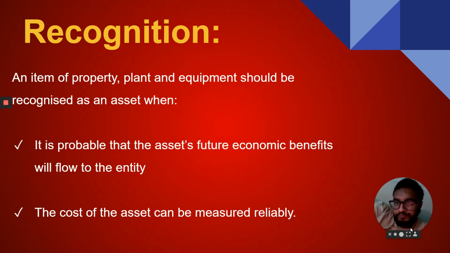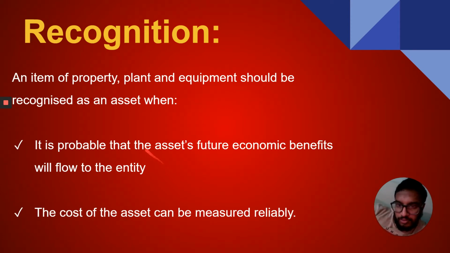So how will we recognize PPE? The recognition of the item will be when it is probable that the future economic benefits will flow into the entity. This is an old definition. The conceptual framework has changed, and it's not talking about potential future benefits flowing into the entity anymore.